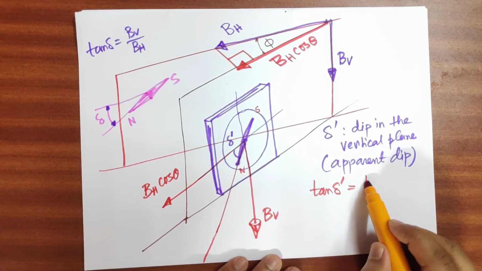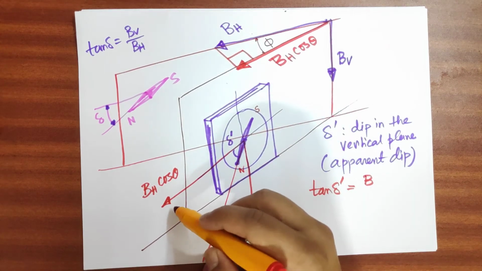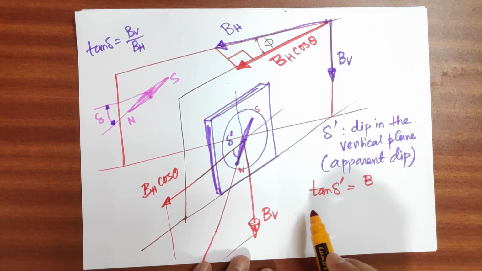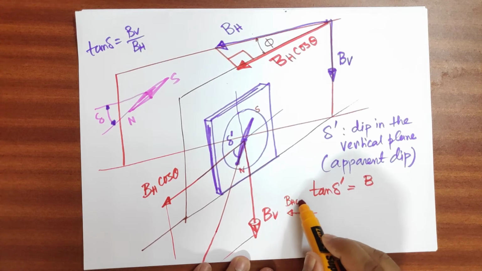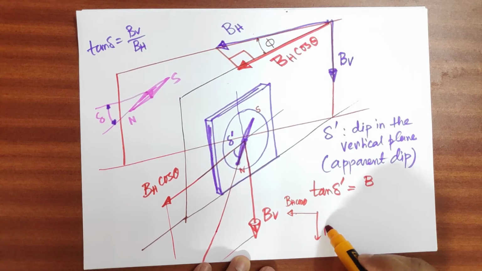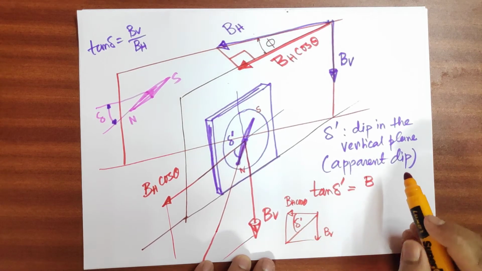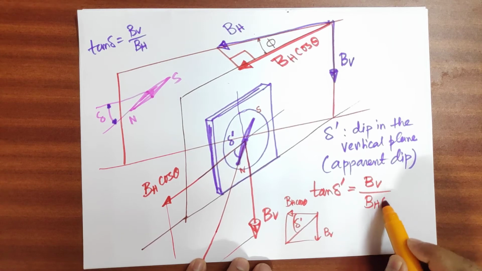Apparent dip, tan delta dash is, in this diagram, if you draw this diagram here, BH cos theta, BV, right, and this is delta dash. So what is tan delta dash? It is BV divided by BH cos theta.